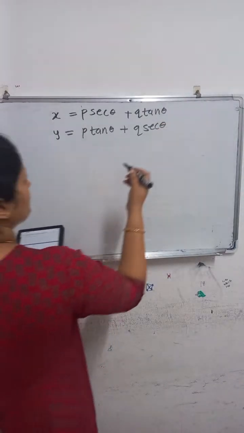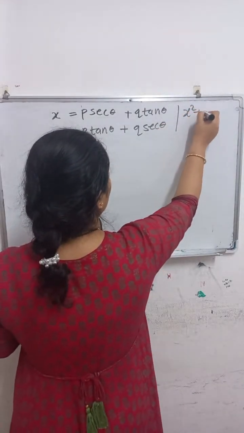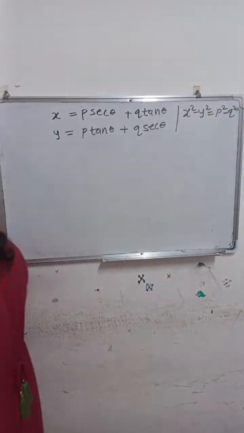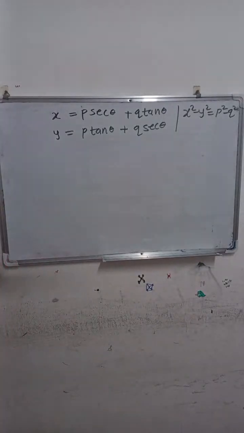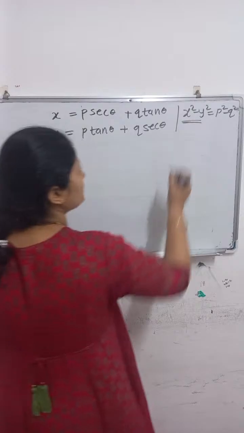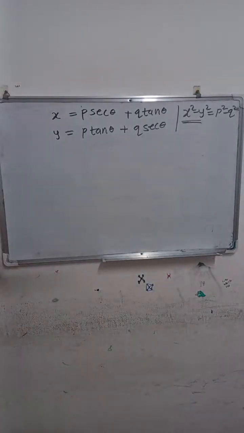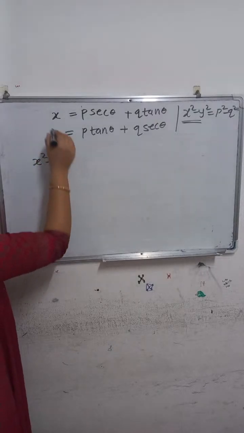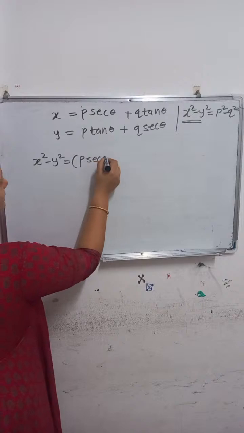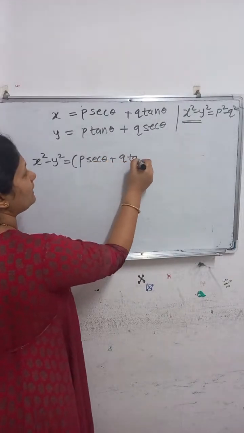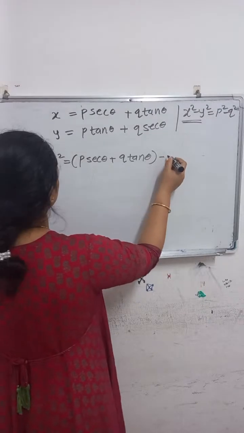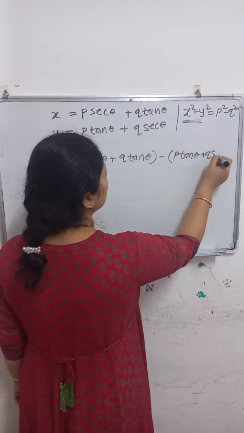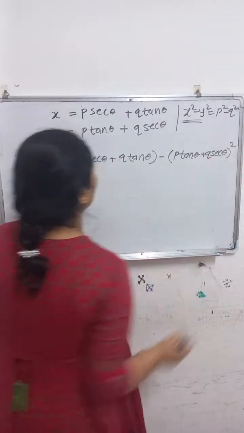They are asking us to prove x square minus y square is equal to p square minus q square. It's very easy. You just follow the instructions, what operation they are asking us to do. So x square minus y square: the x value is p sec theta plus q tan theta, minus p tan theta plus q sec theta, whole bracket square.